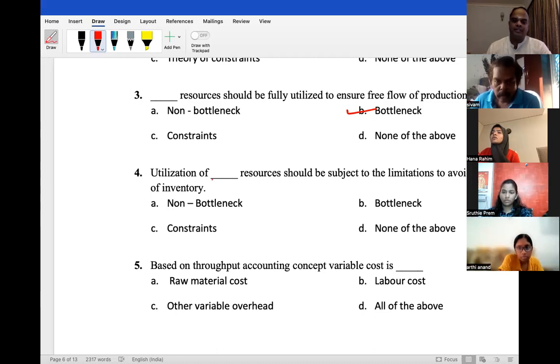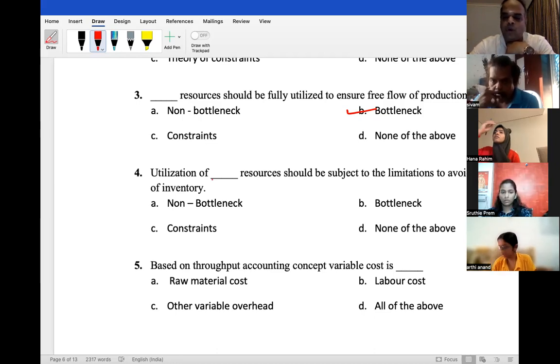If I'm going to utilize non-bottleneck, why non-bottleneck? Because that is easily available. No, utilization of dash should be subject to the limitation to avoid. So avoid is coming. How come? What is the meaning of the sentence then?